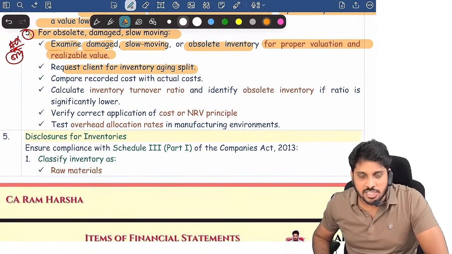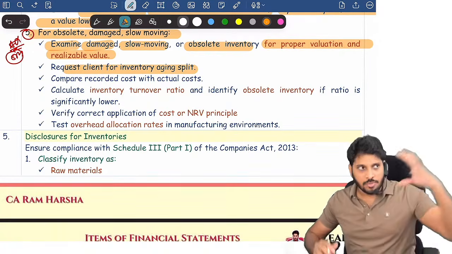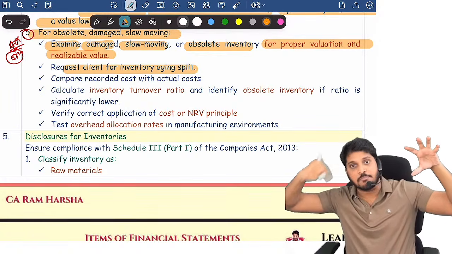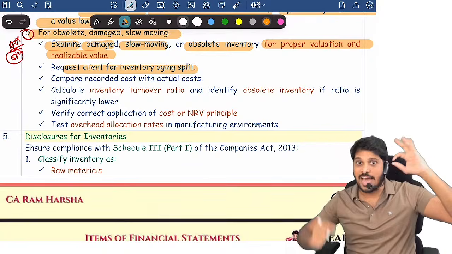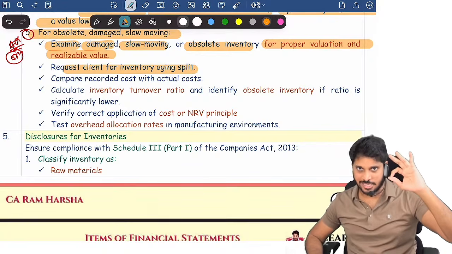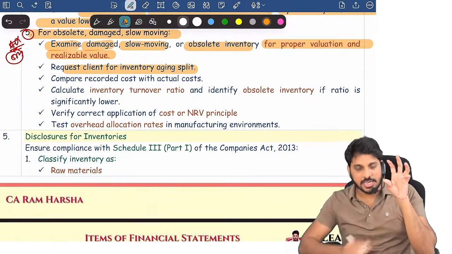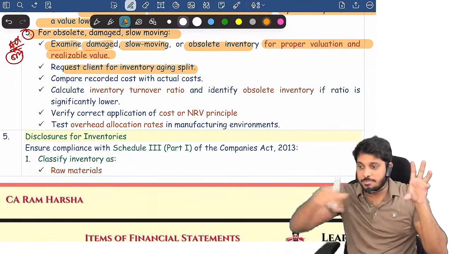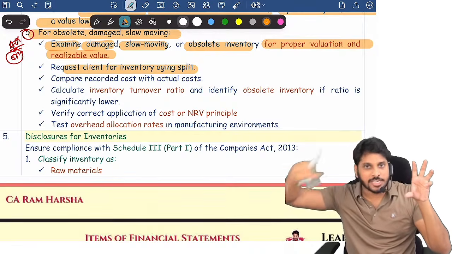What is inventory aging split? When the goods were manufactured and, as on 31st March, how long it's been since they were manufactured. That is called inventory aging split. Whenever we manufacture an article, it will have a tag, with manufacturing date or month. So from that month to the balance sheet date, 31st March, what is the duration?